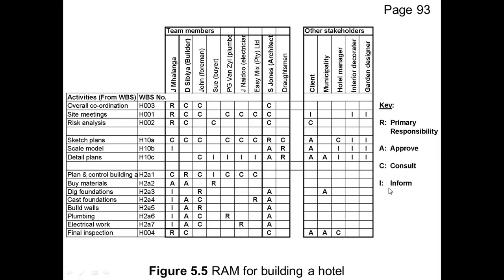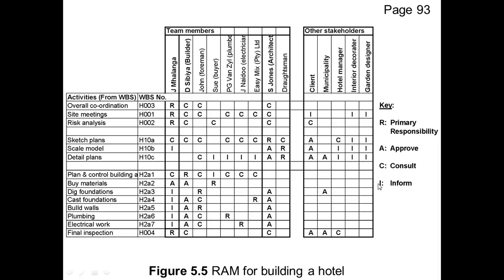So this is why you can see that just putting a responsible person on the WBS for each item is not good enough, because we also need to know who is going to approve a specific activity. Then there will also be people that we need to consult with, or people that are helping us on that specific activity, and we will then indicate them with a C.